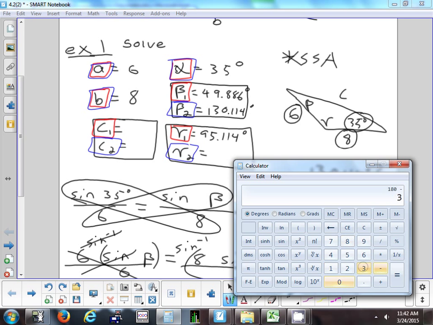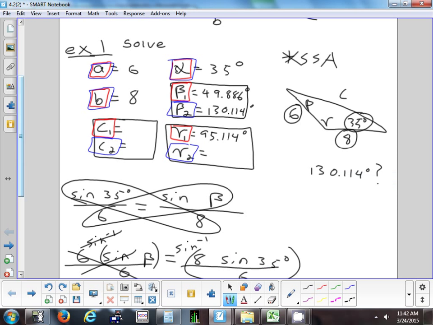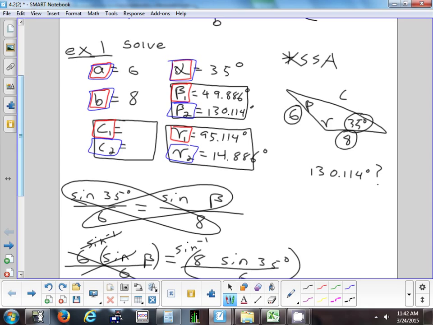So we'll subtract that. We have 130.114. And that leaves me with 14.886. Okay, this isn't really harder. It's just you're doing everything twice. It's longer, but it's not more advanced math. You're just doubling the amount of work in terms of time.